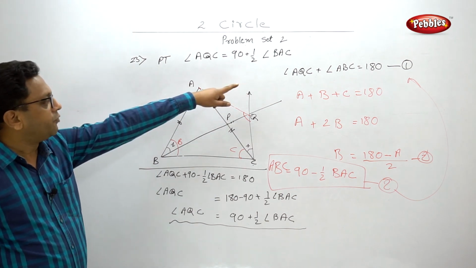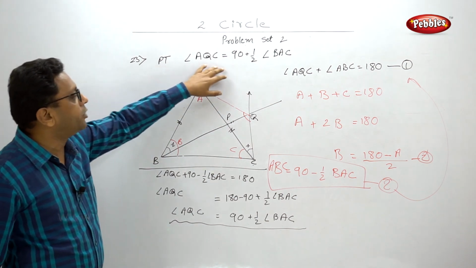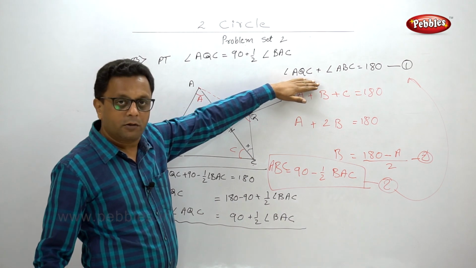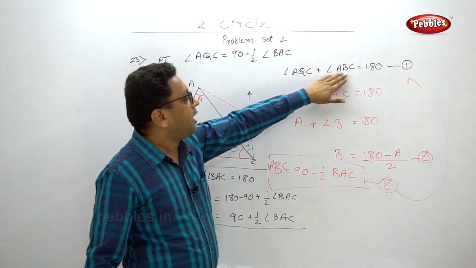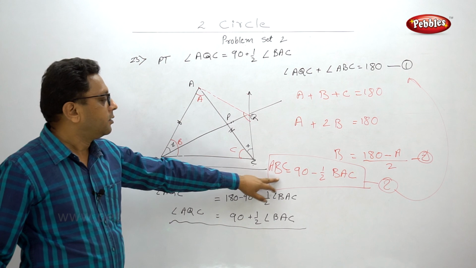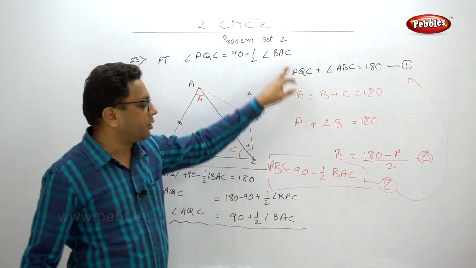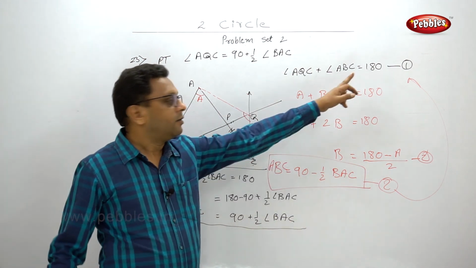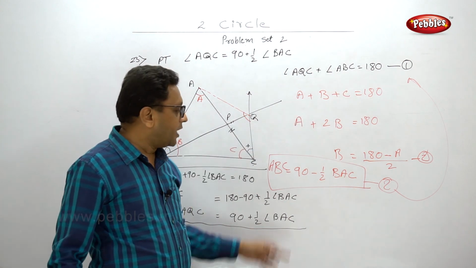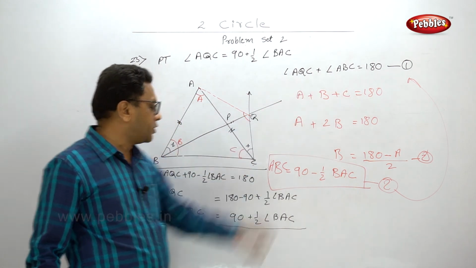So in the first equation we had to prove angle AQC. AQC I got. ABC I have to replace with the value from equation 2, with BAC. So now I will replace the values from equation 2 into equation 1.